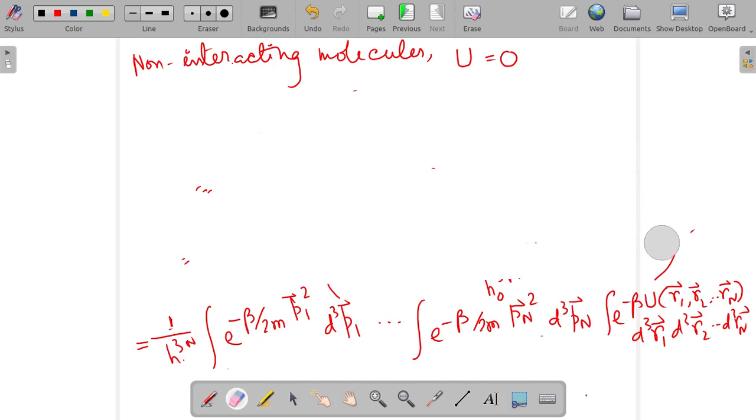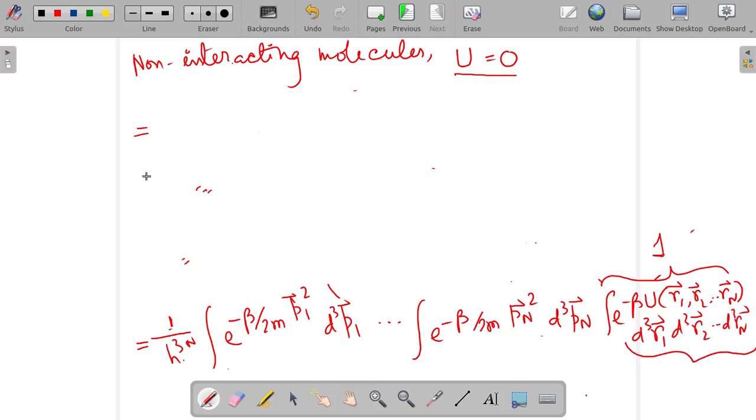If the molecules are non-interacting, then U is equal to 0. Therefore this portion is 1. Next we are considering this part.